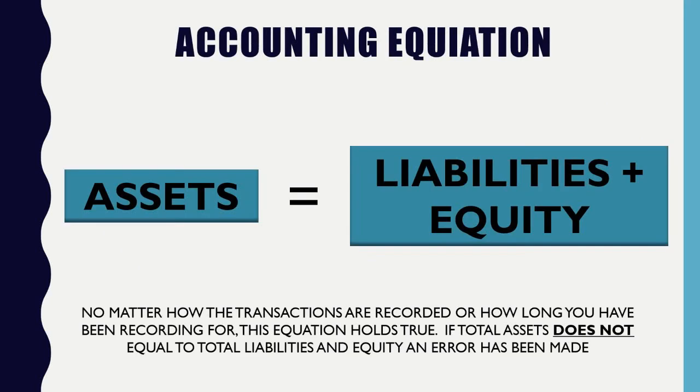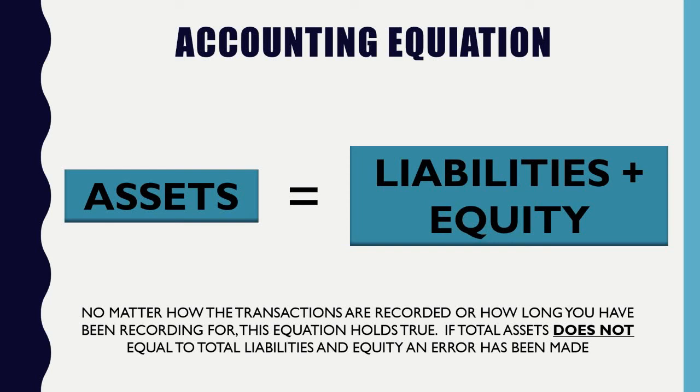Okay. So obviously we're going to be looking at the accounting equation. It's going to be your assets, and it's going to equal your total liabilities and equity. So again, this equation must hold true. Whatever transaction you do, your assets must equal your liabilities plus your equity.